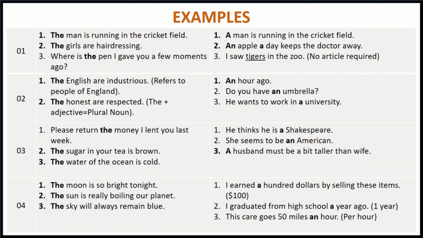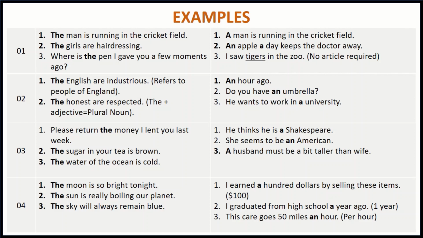However, a man, an apple, it goes mostly with, actually always with, singular common nouns. A man, an apple. But tigers, it's actually plural, but a proper noun, so we don't need an article.